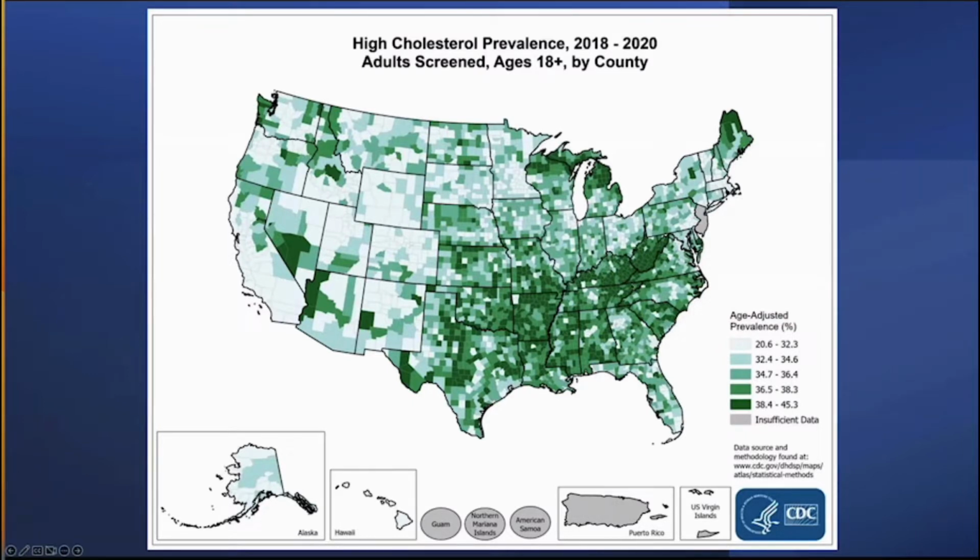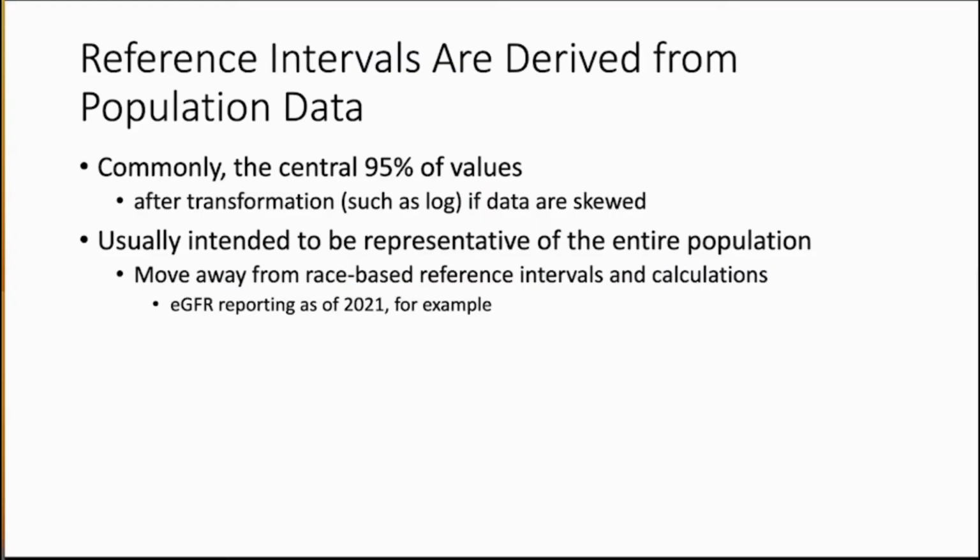And you can see that, across the southern, southeastern part of the United States, there tend to be higher prevalence of high cholesterol than there is, say, in the mountain region or out on the West Coast. And Minnesota actually has fairly low levels, very low percentages of elevated cholesterol. But just some examples of differences in cholesterol levels among different individuals.